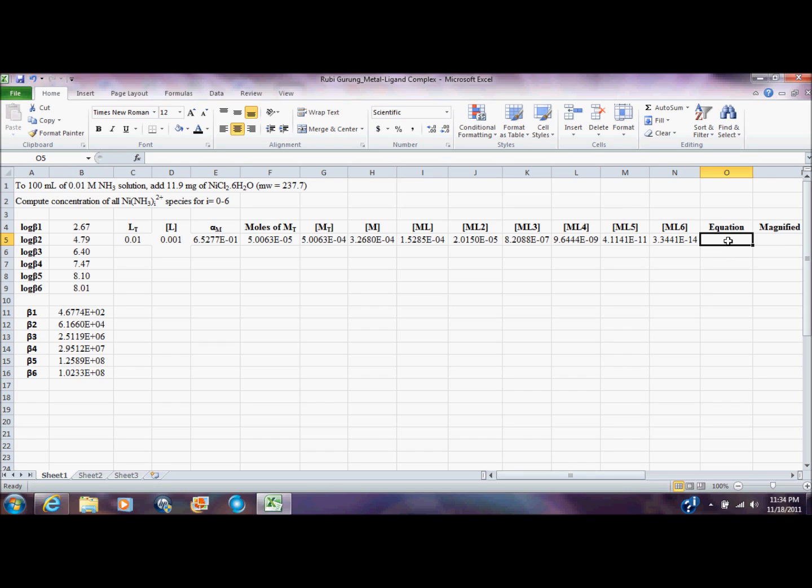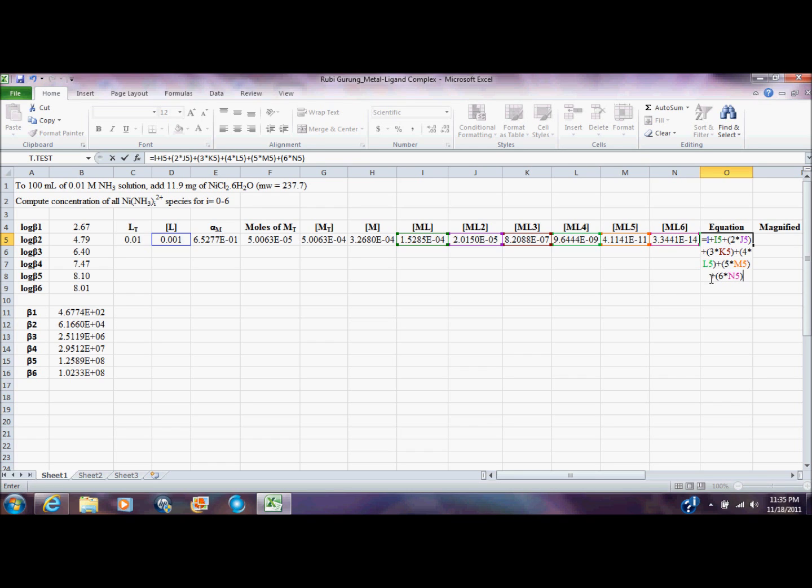We know how to calculate the total concentration of the ligand. The total concentration of the ligand is equal to the concentration of free ligand plus ML plus 2 times ML2 plus 3 times ML3 plus 4 times ML4 plus 5 times ML5 plus 6 times ML6.